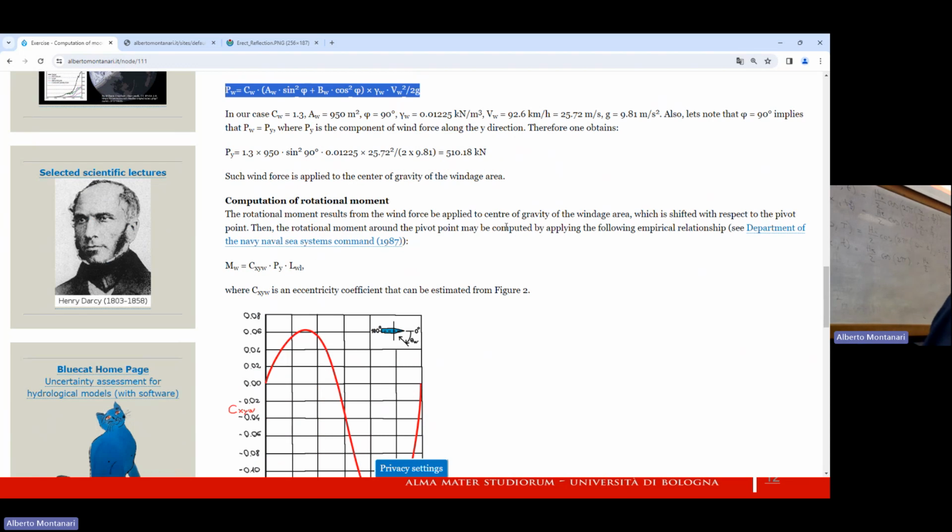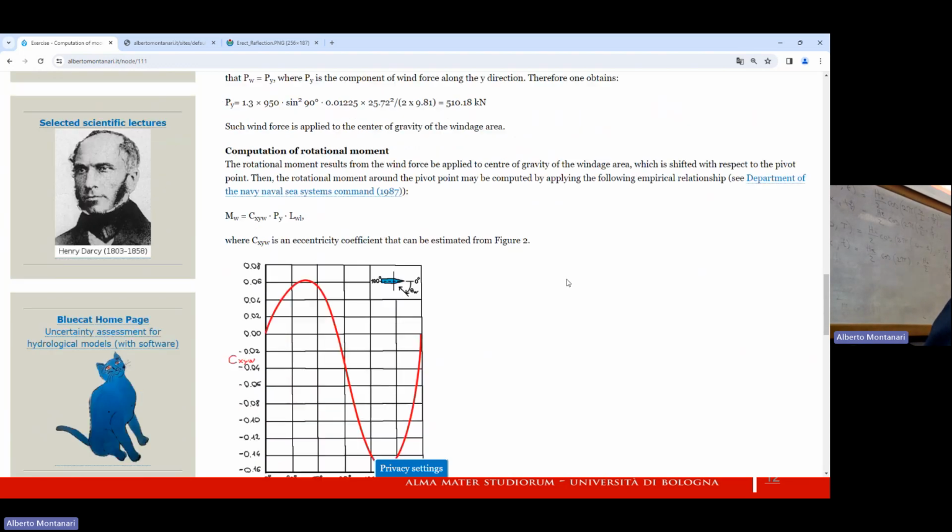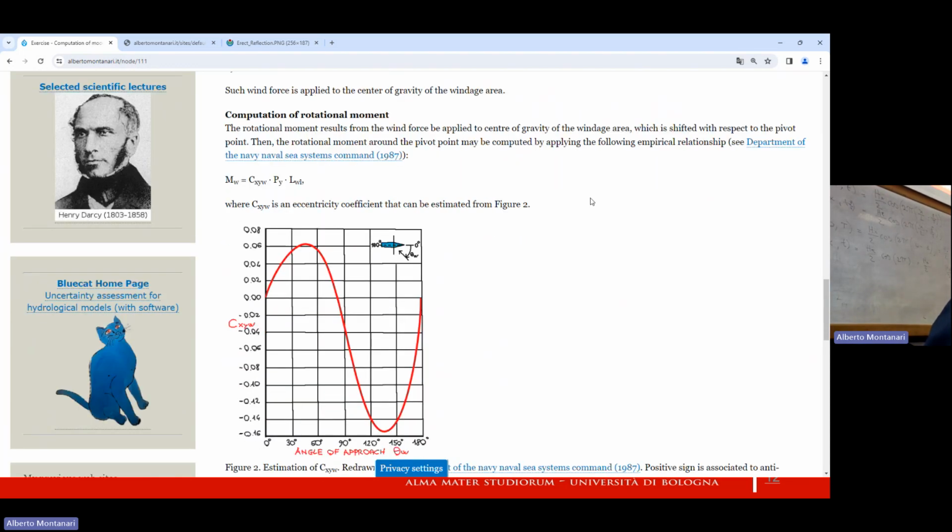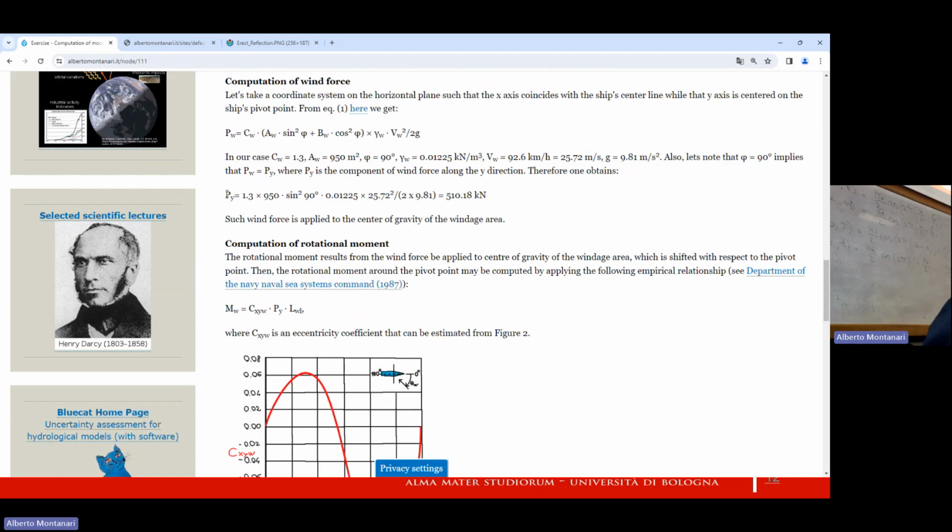Now, let us look at how, given the wind force, which is applied in the center of gravity of the wind edge area, we can compute the mooring forces.